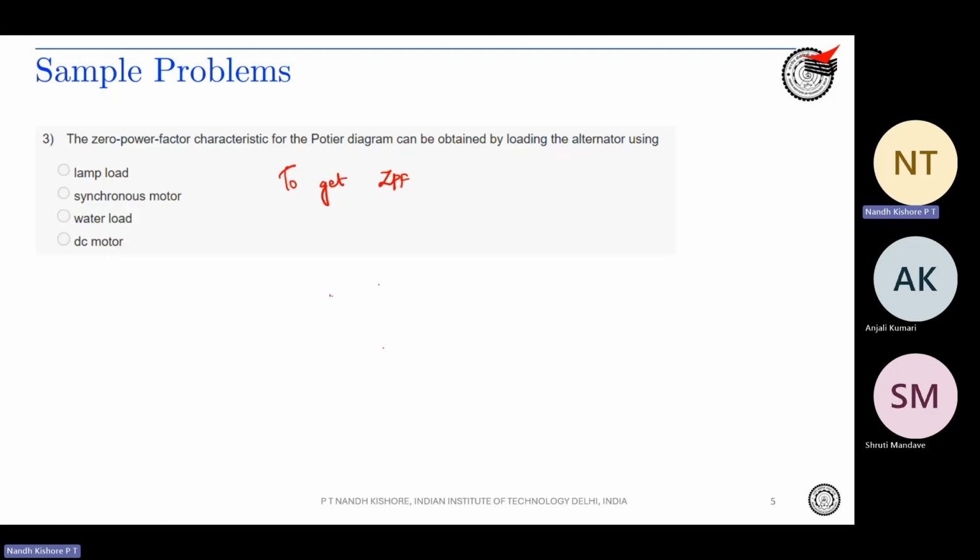Only then we can have something that would give me 0 power factor. That is, I want a purely lagging load or a purely leading load, which would give me a phase of plus or minus 90 degrees.